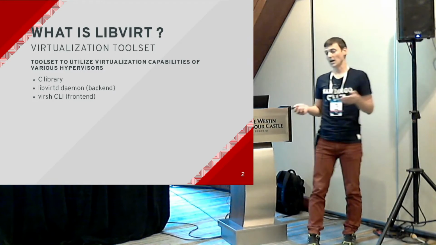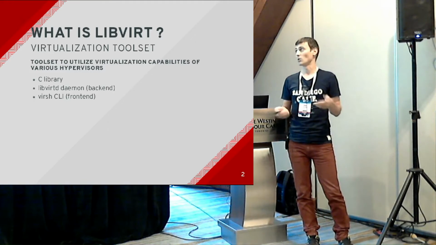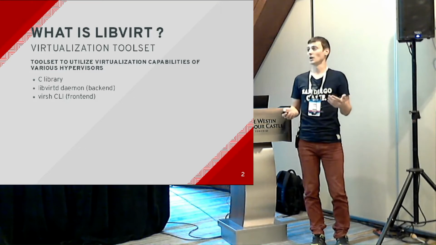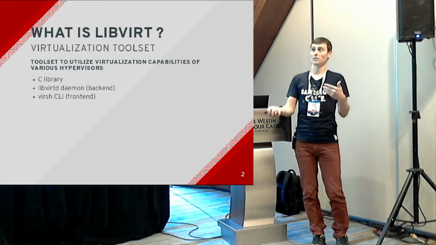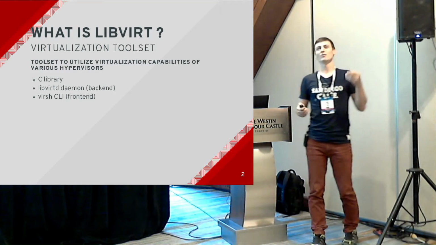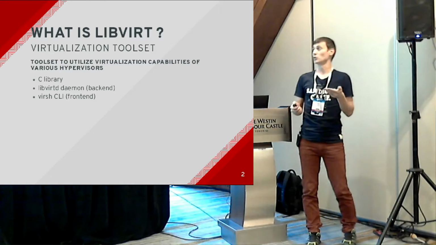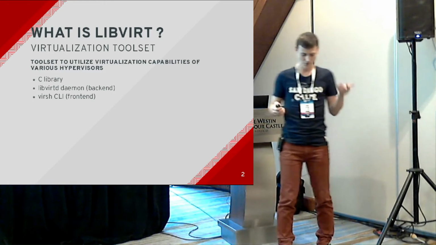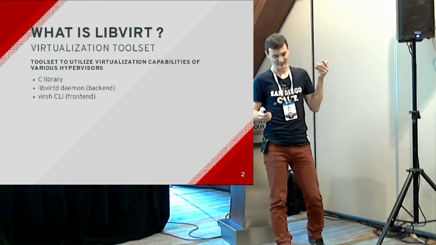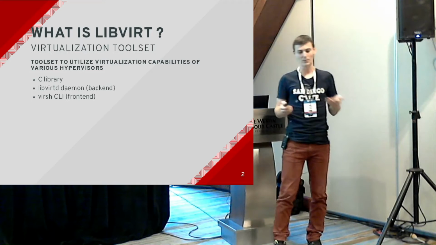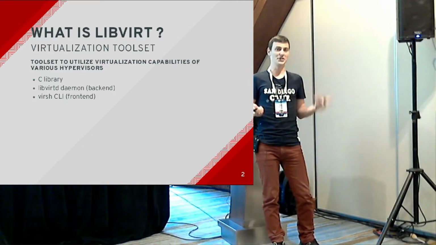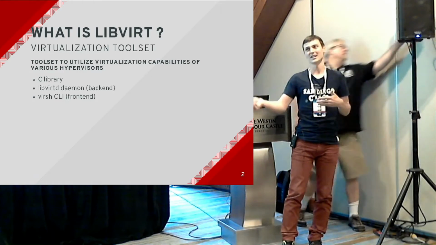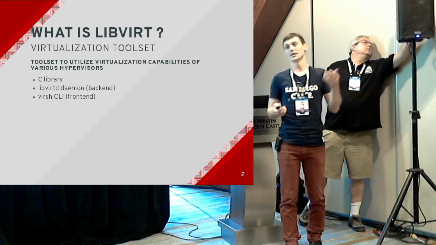And then we have a command line interface called virsh, which acts as a front end to expose all the functionality and connect to the daemon; it's also a scriptable tool. The advantage of using virsh is that if you just want to play with libvirt a bit, you don't really have to write your own application, since it links to libvirt.